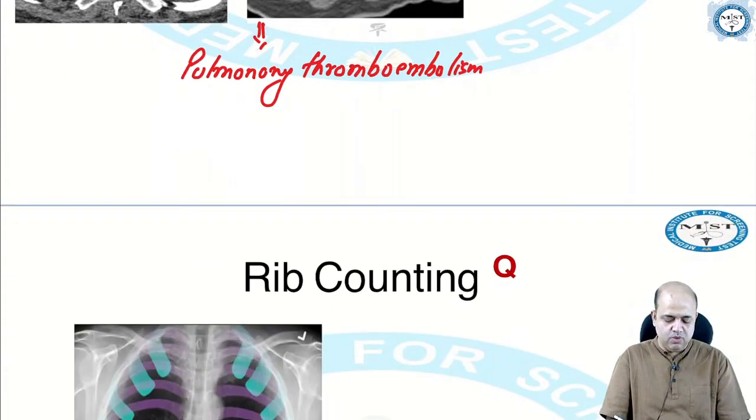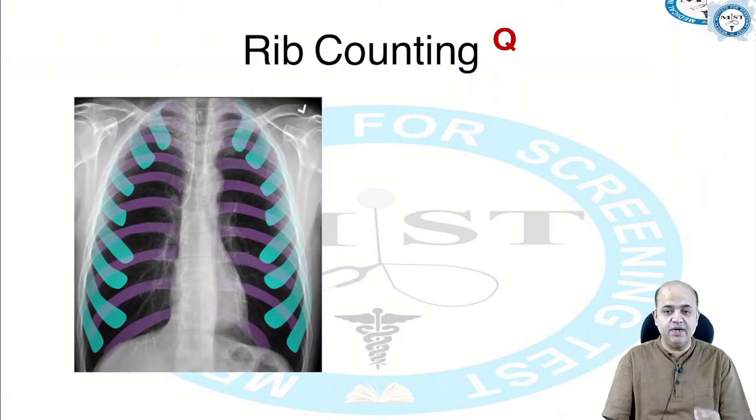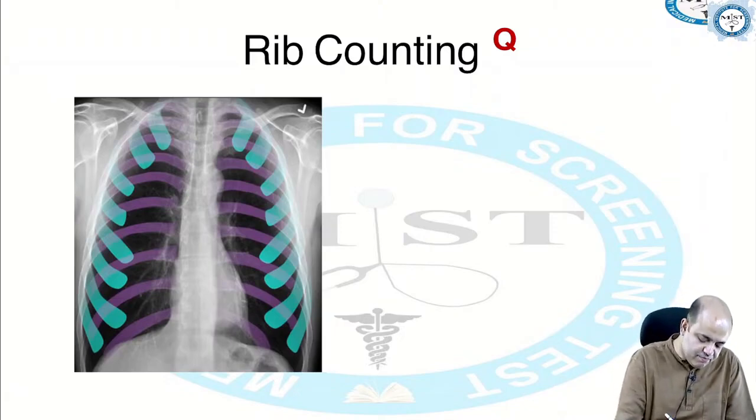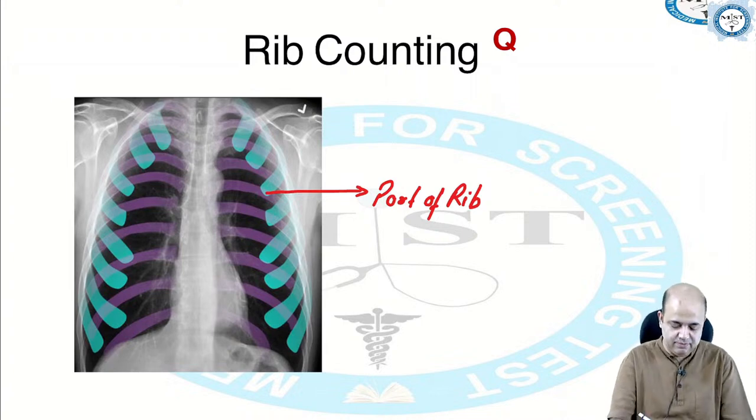Rib counting is another thing that is very important, and we have already discussed it in the class. So what we have is a part of rib not reaching up to the midline.